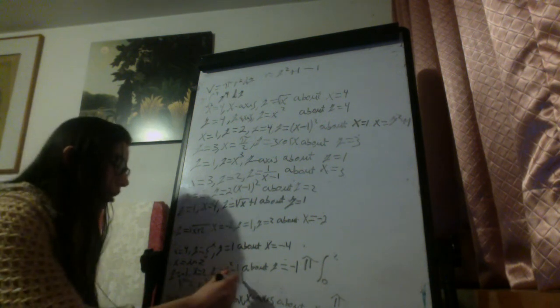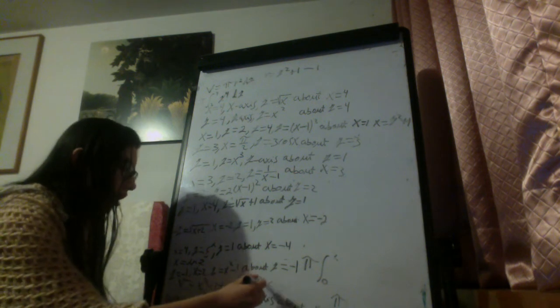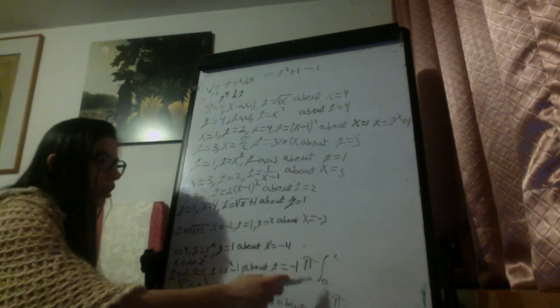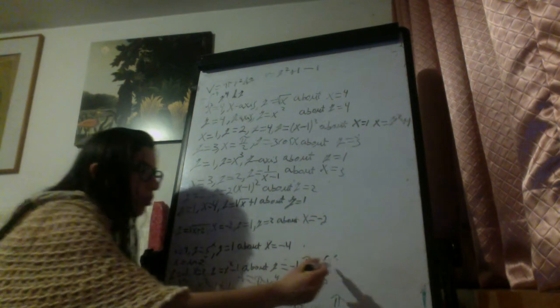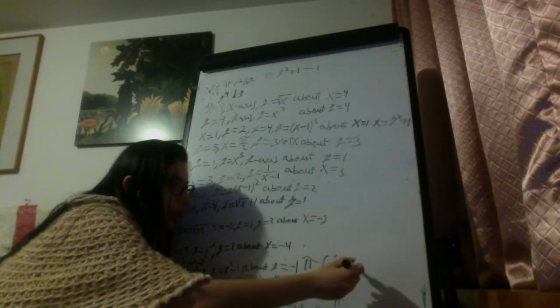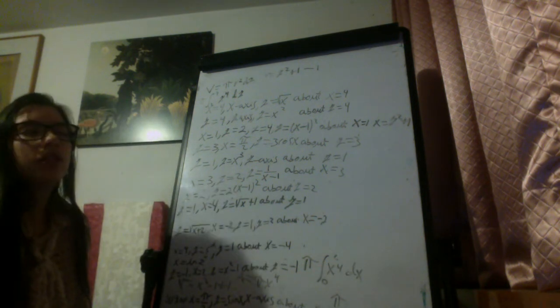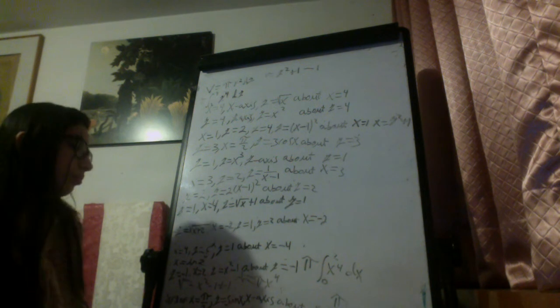Now the area would be pi r squared, so pi times x to the 4th power. So here is pi times the integral from 0 to 2 of x to the 4th power dx. dx is the width of each rectangle, of each disk.